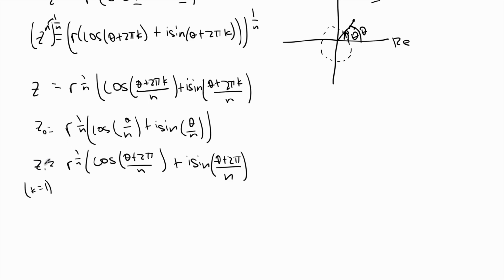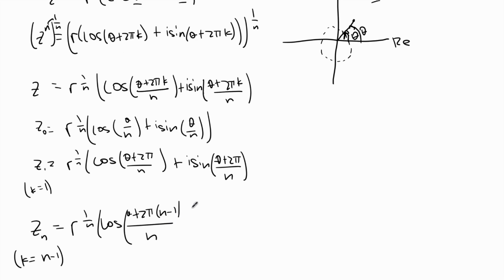The last root is going to be, say, zn, and k is going to be n minus 1. So we're going to have r to the 1 over n, cosine of theta plus 2 pi times n minus 1 over n, plus i sine of theta plus 2 pi times n minus 1 over n. And this is going to be our last root.